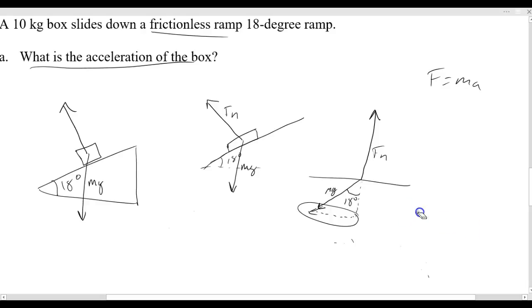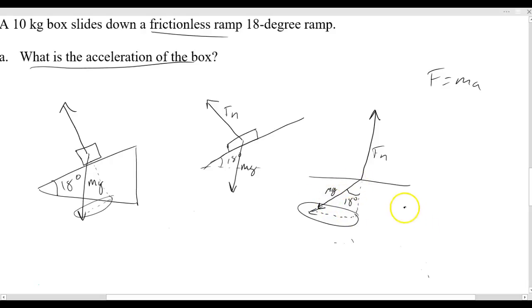Okay, so F equals ma. Here, this is the only thing that's going to be moving this box to the left, or downward, right? So the force that I'm looking for is really a force that does that. I'm looking for this parallel force. Okay, and here it's a little bit better because I tilted it 18 degrees. Alright, so let's find this. The way we find this is using SOHCAHTOA.